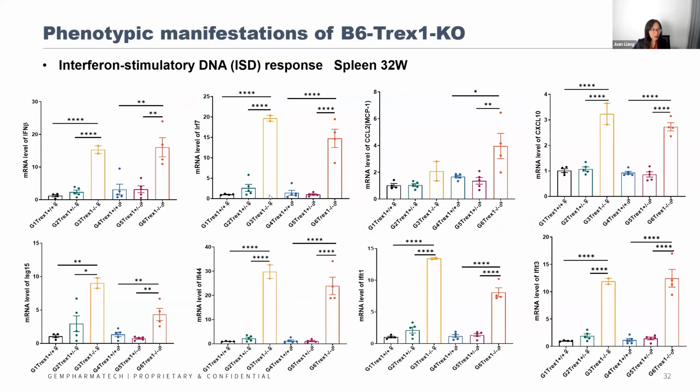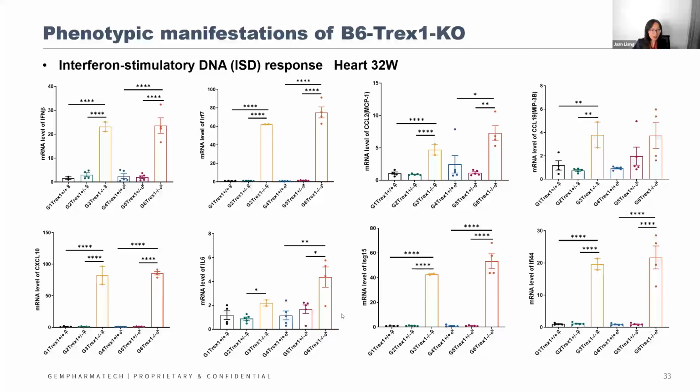That indicates the type 1 interferon signaling pathway has been activated in these TREX1-KO mice. The study was performed at 32 weeks in the spleen tissue. Similar results were also observed in the heart tissue at 32 weeks.